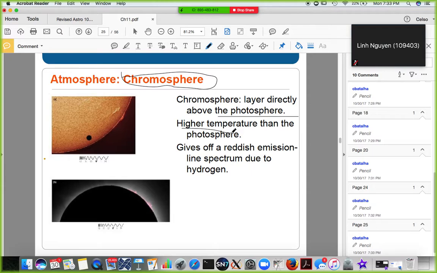So you could say the photosphere has an effective temperature of 6,000 Kelvin, and lines that are produced in the chromosphere go in emission at a slightly higher temperature. But it's hard to tell which one is hotter.